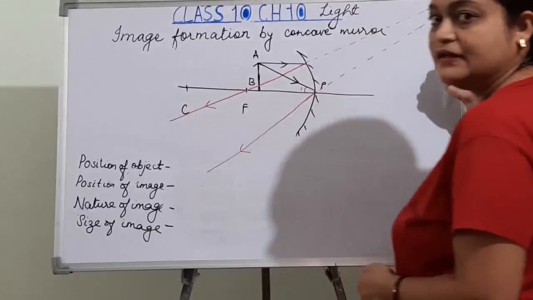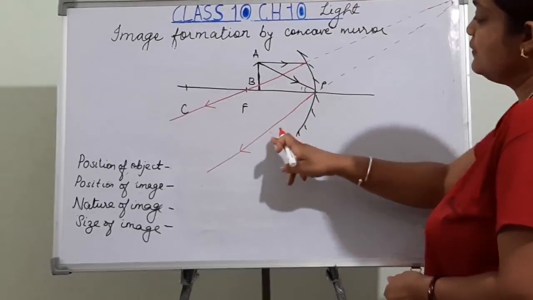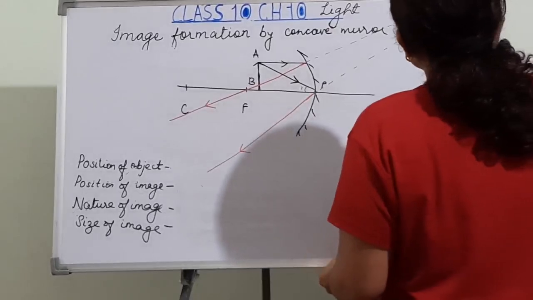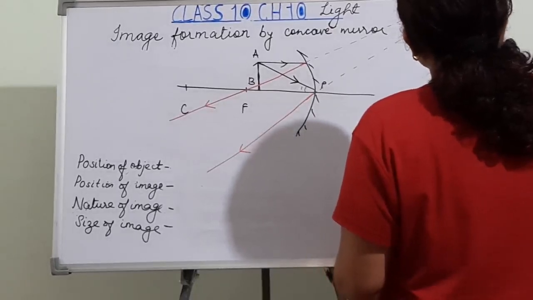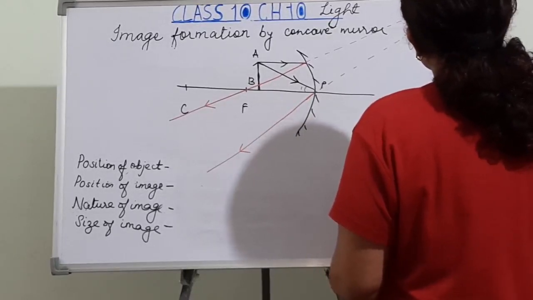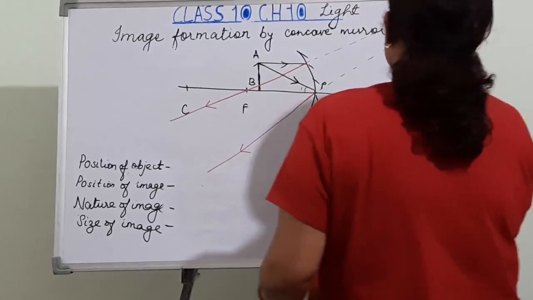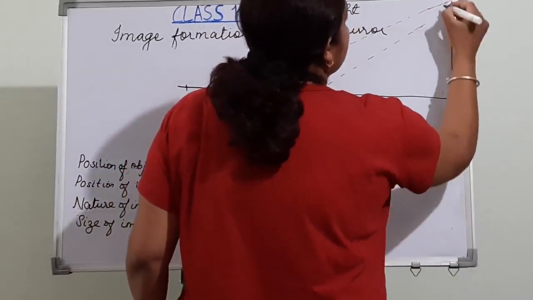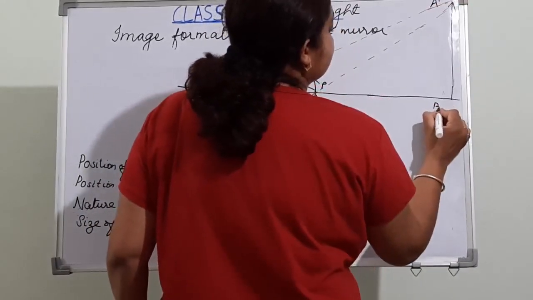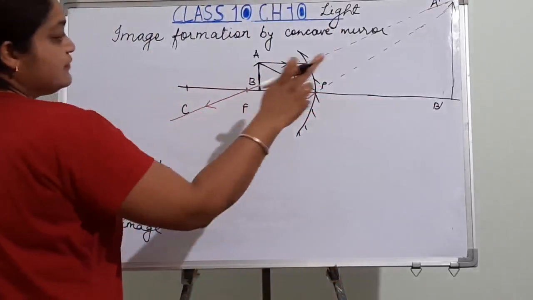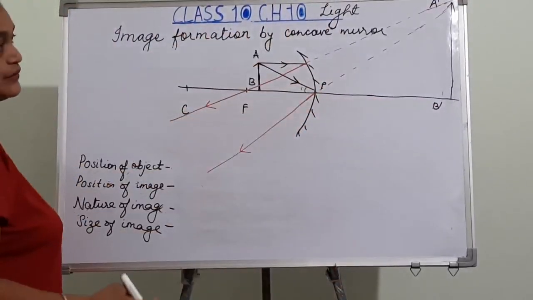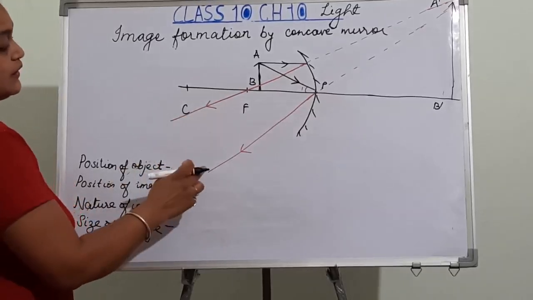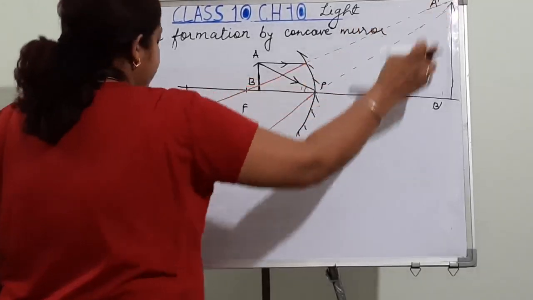Somewhere behind the mirror, these two rays will meet, and so this is A dash and this is B dash. Here you can see that the image is formed behind the mirror, and these two rays are not actually meeting, they are appearing as if they are coming from this point.